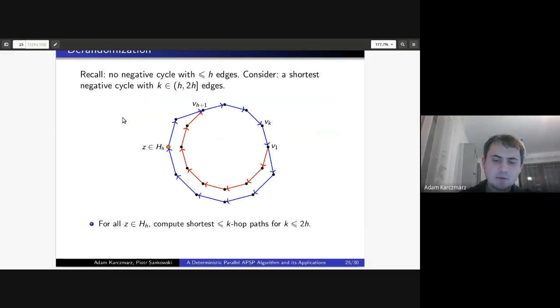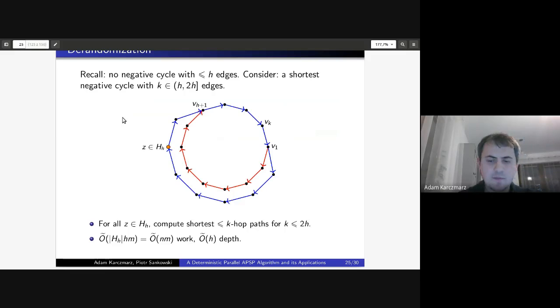So basically, this proves that in order to find a shortest negative cycle, it's enough to compute shortest at most 2H hop constrained paths from all the hubs of the H hub set. We want to compute the hop constrained paths for all the possible numbers of hops, but this number is bounded by 2H.